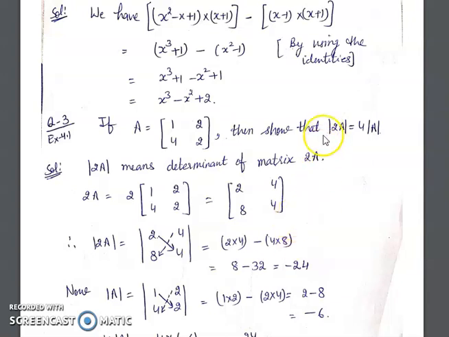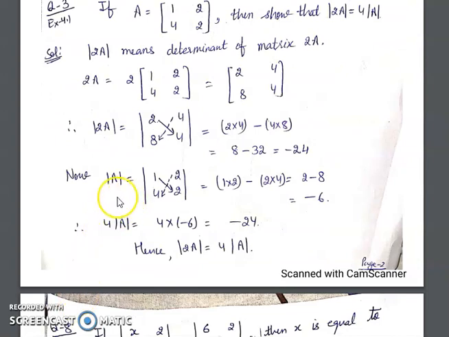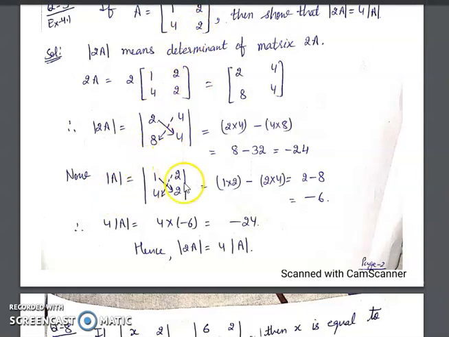Now, this is the left hand side. Now, come to the right hand side, which is 4 times determinant A. Now, determinant A: put the matrix elements in determinant form, 1, 2, 4, 2. Open it. 1 into 2, 2 minus 2 into 4.